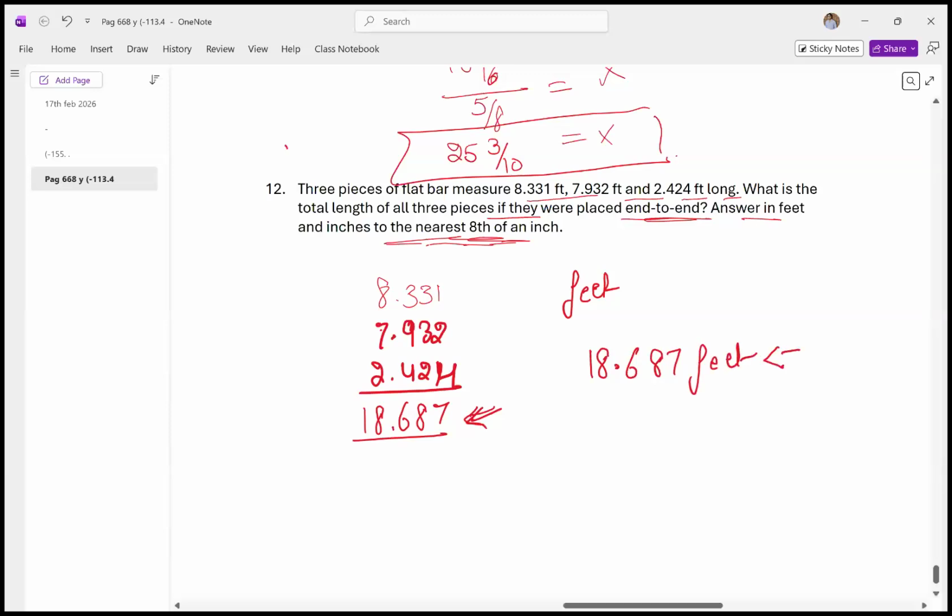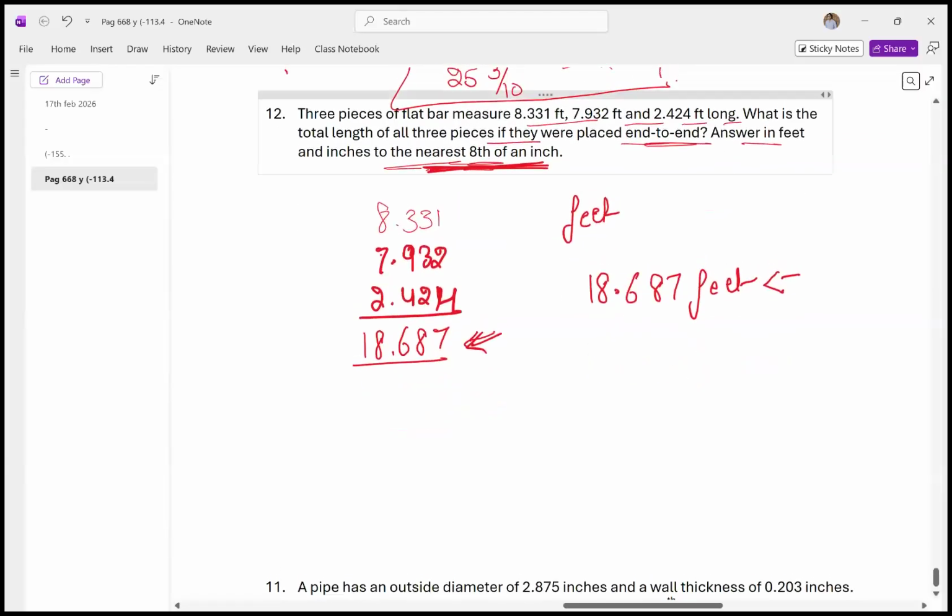But there is a concept of measurement which you will be learning in the next chapter. So I will cover it. If you feel like you want to write the answer in this format in the exam, then you can learn it right now also. And eventually in unit 2 we have to learn this thing. 1 foot we know is equal to 12 inches.